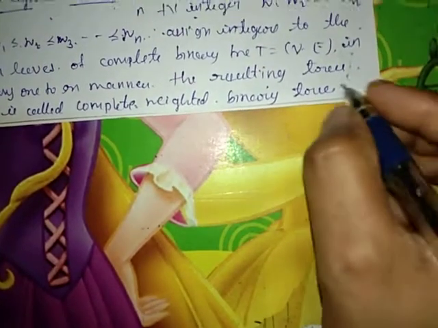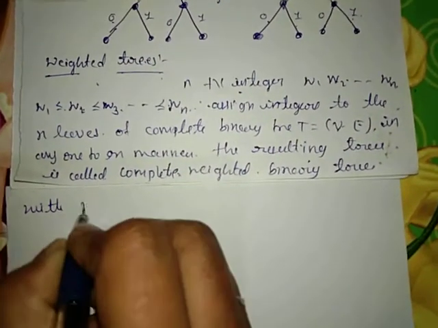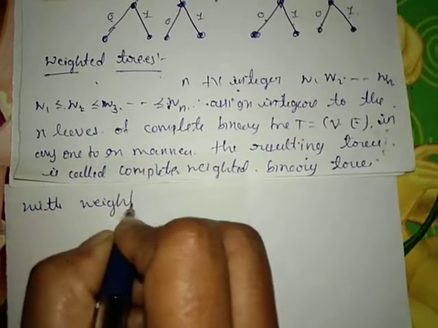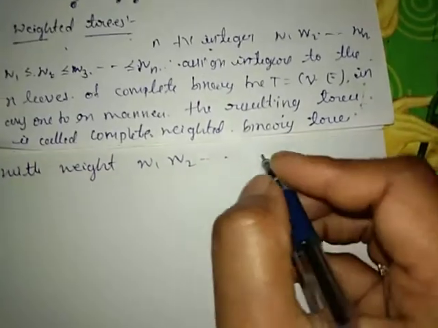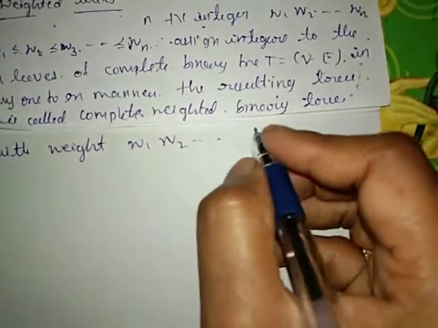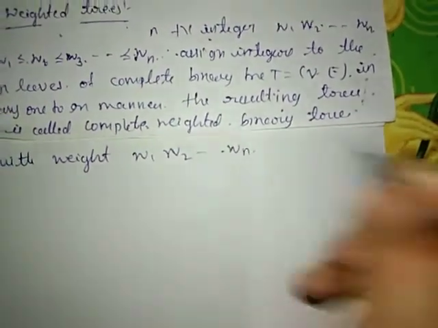A complete binary tree with the weights w1, w2, and so on, wn.